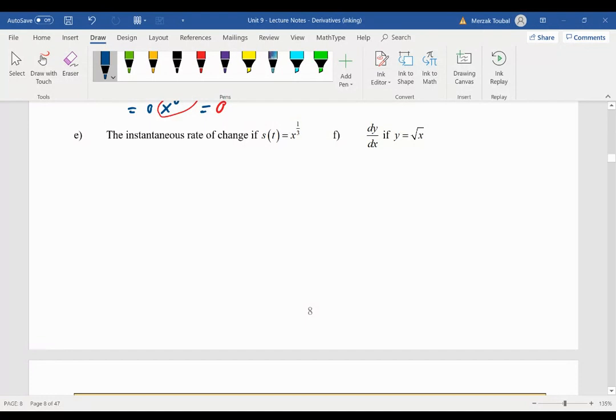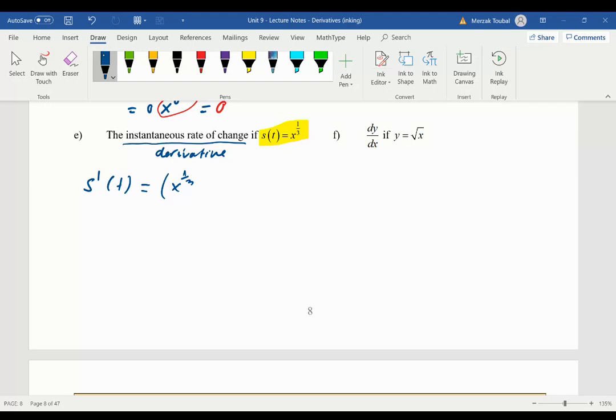Let's look at example E. The instantaneous rate of change, which means derivative. We just want to make sure that we understand different ways to ask the question. Okay, let's do this one. So s prime of t means the derivative of the function s at t, which is what we have.